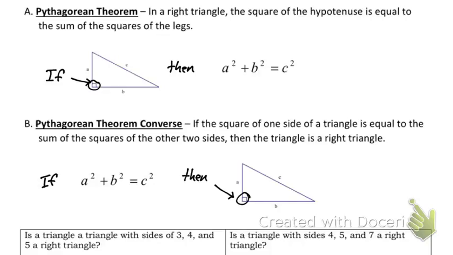The most important part about this check is you have to recognize which is your hypotenuse. And your hypotenuse is going to be your longer value, because we're going to get to problems where I give you 3 sides and you have to prove whether it's right or it's not. So you have to locate your hypotenuse first and foremost. So if we have a squared plus b squared equals c squared, then we have a right triangle as long as we know which one is our hypotenuse.